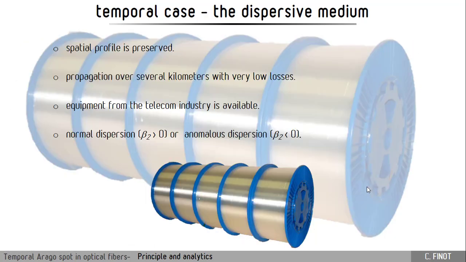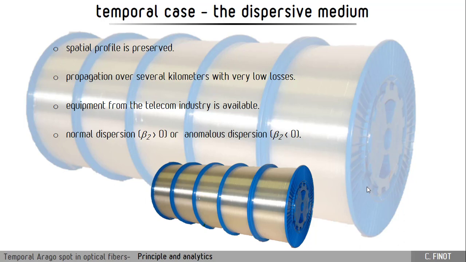So what we want is to observe all this not in the spatial domain but in the temporal domain. So we need a dispersive medium, and the medium that we have chosen is an optical fiber. Why have we made this choice? Because the optical fiber is close to the ideal medium.